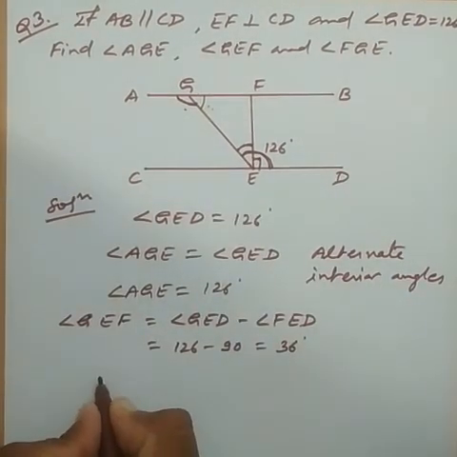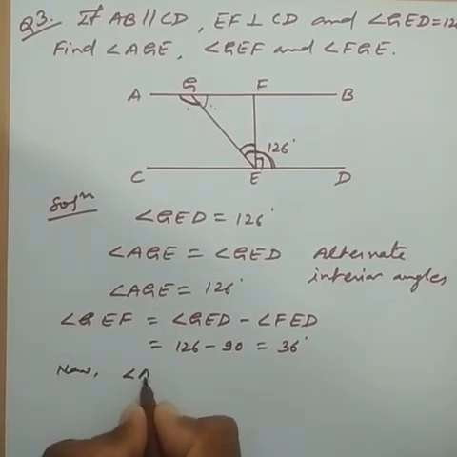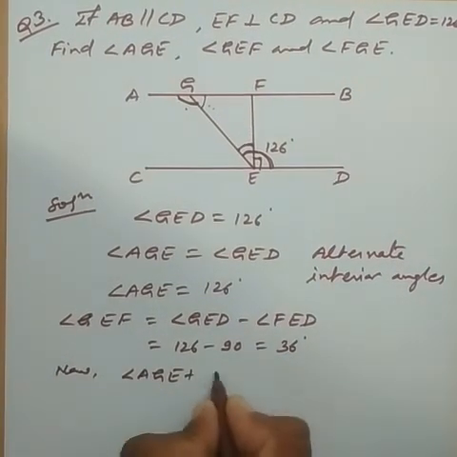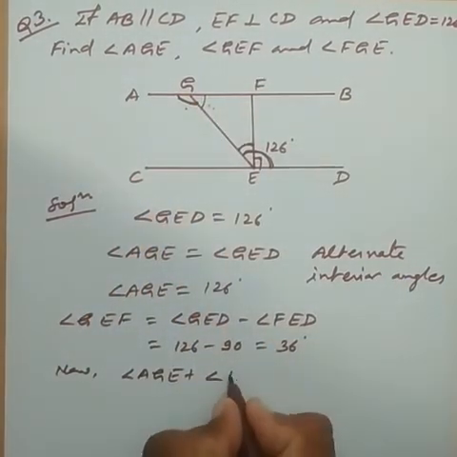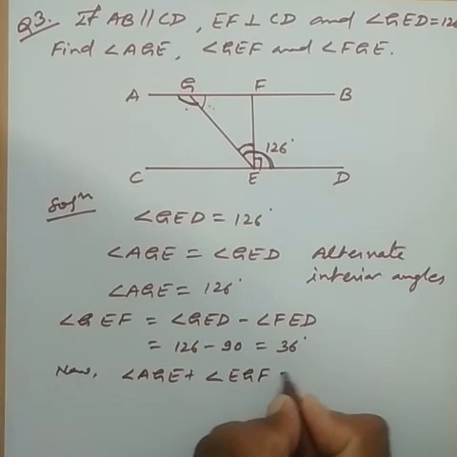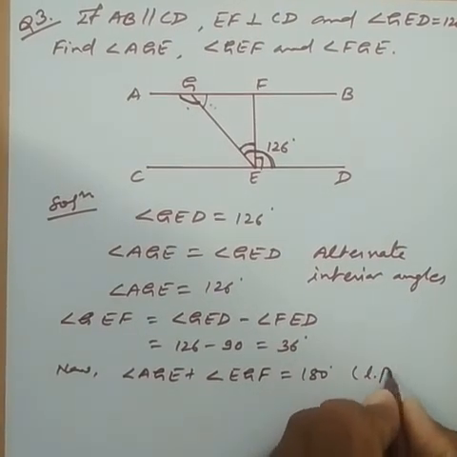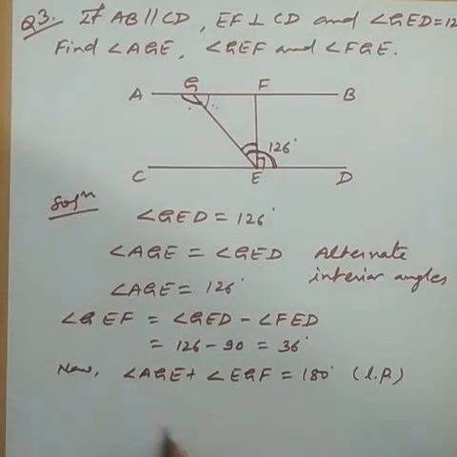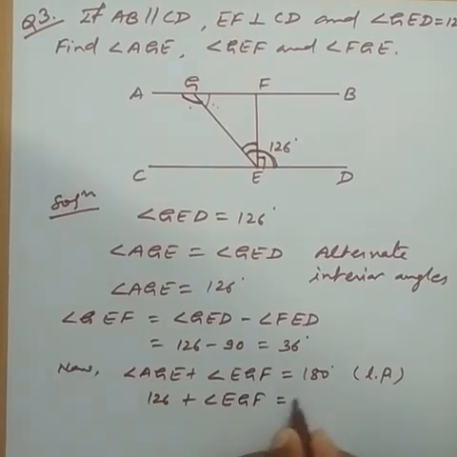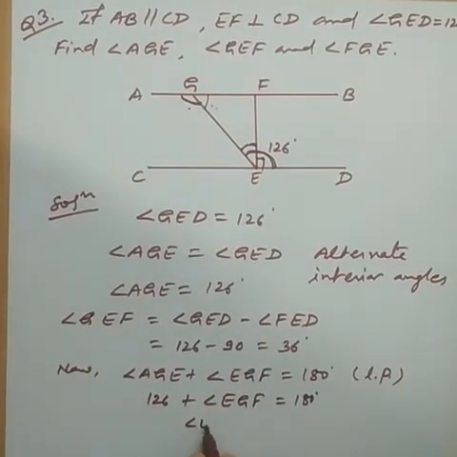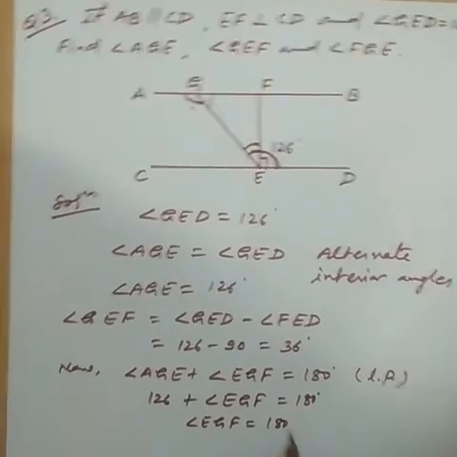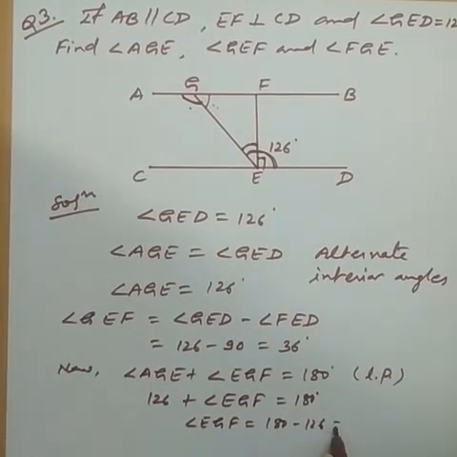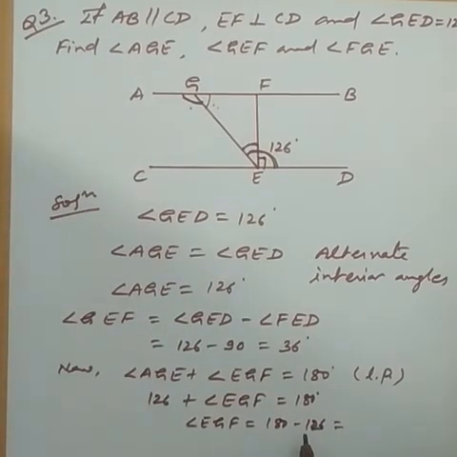So angle AGE plus angle EGF equal to 180 degrees. Its reason is linear pair, and angle AGE is 126 degrees plus EGF equal to 180, and angle EGF equal to 180 minus 126, and whose difference is 54 degrees.